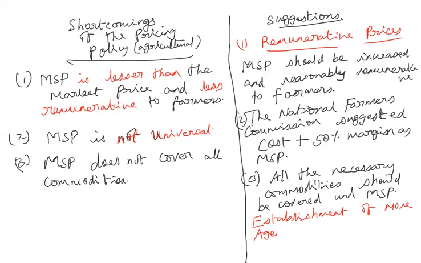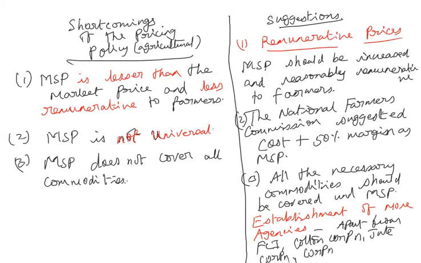See, now we are having only the Food Corporation of India, which is responsible for procuring the produce from the farmers, maintaining the buffer stock and selling through the PDS and to the ration shops. Apart from the Food Corporation of India, the suggestion is the establishment of more agencies, for example, a Cotton Corporation, Jute Corporation, Corporation for Perishable Commodities.